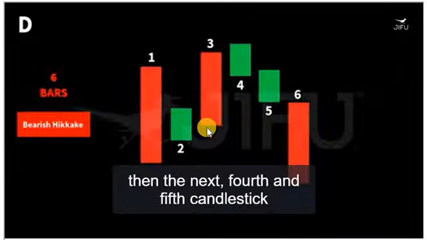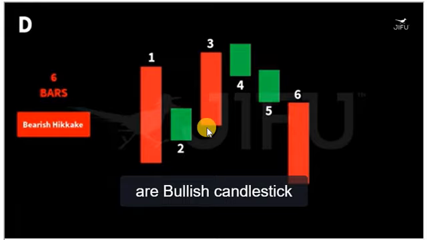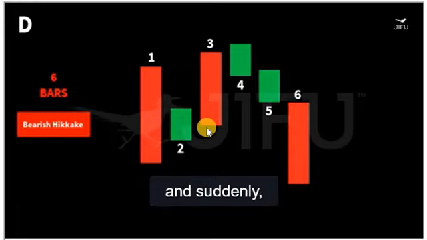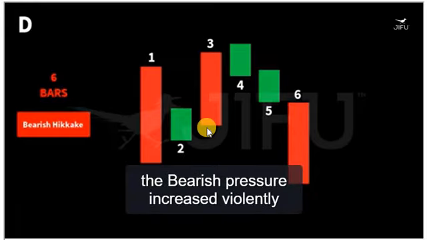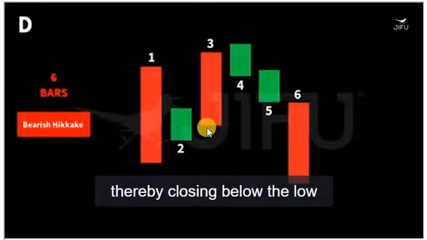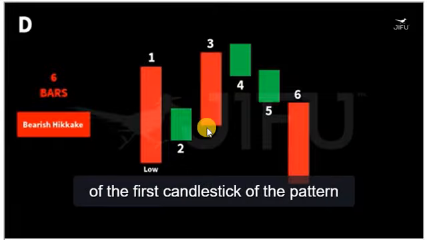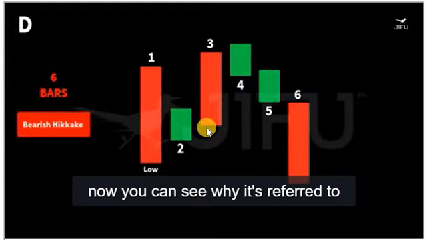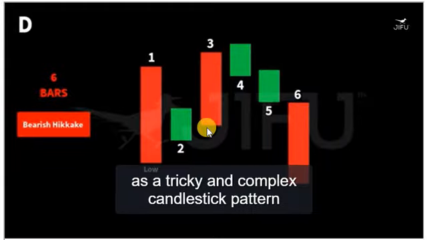Then the next 4th and 5th candlesticks are bullish candlesticks. And suddenly, the bearish pressure increased violently, thereby closing below the low of the 1st candlestick of the pattern. Now you can see why it's referred to as a tricky and complex candlestick pattern.